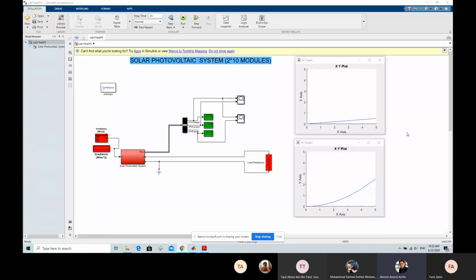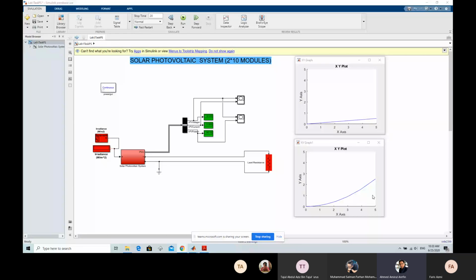Once you are increasing the current values, the voltage is also increasing here, and the lower one discusses that once you are increasing the power, it's also increasing the voltage. So in your lab reports, you have to put the curves here and discuss what you are seeing.